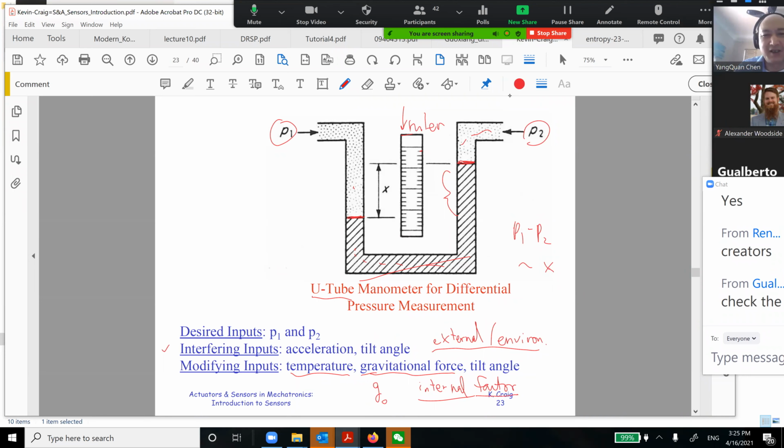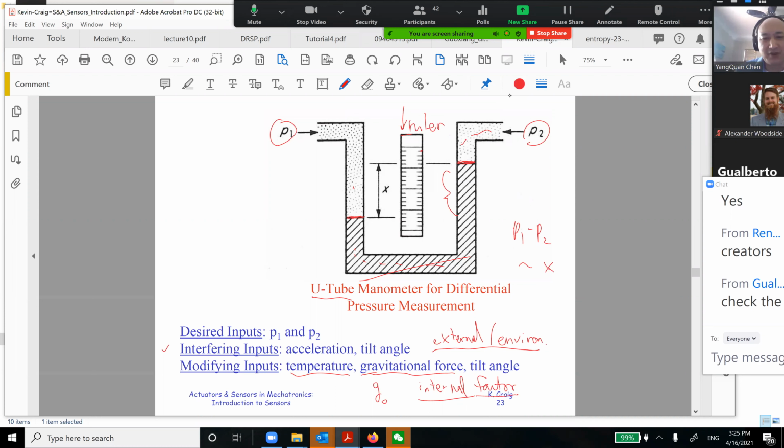But there are lots of possible interferences. Say for example, you have some shaking and the table is shaking. Or your table is not leveled perfectly, so then there's some tilt angle. Those will affect your accuracy, right?